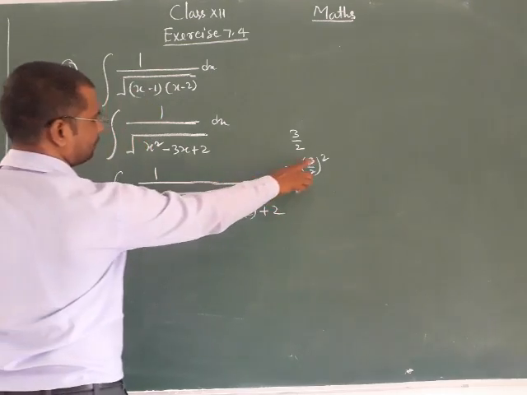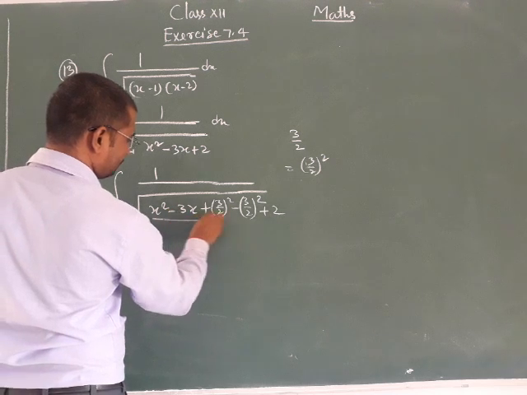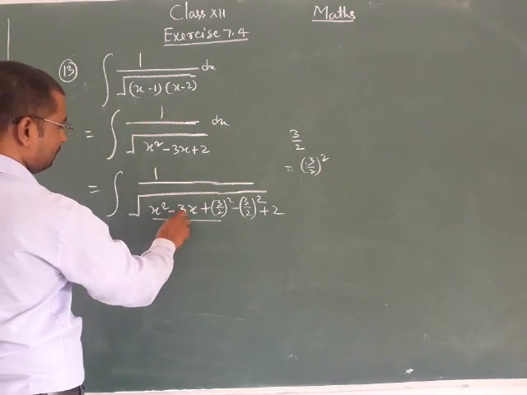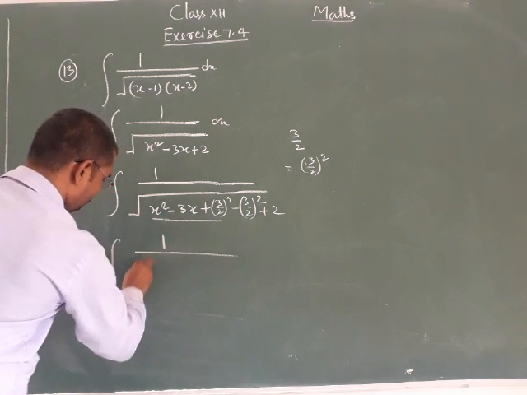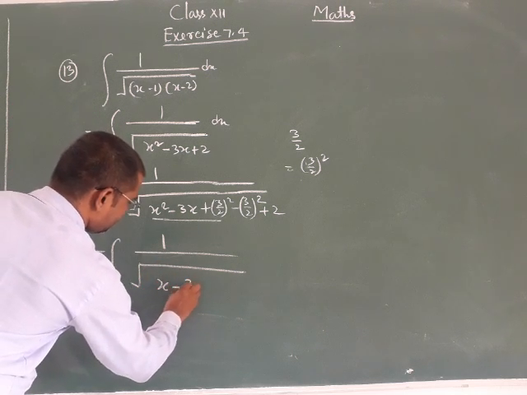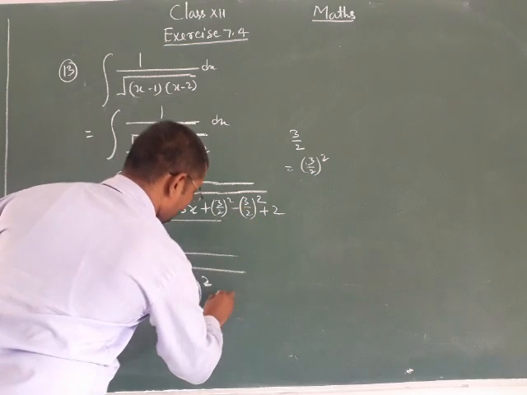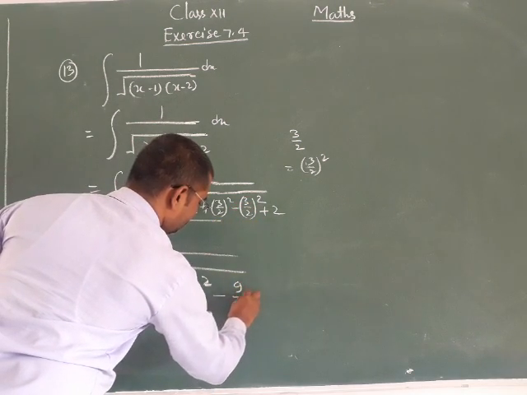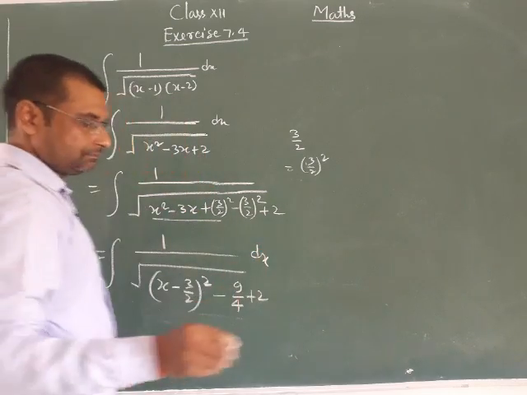So adding this and subtracting this. So now this is a square plus b square minus 2ab. So we can write 1 upon root x minus 3 by 2 whole square, and you can solve minus 9 upon 4 plus 2 dx.